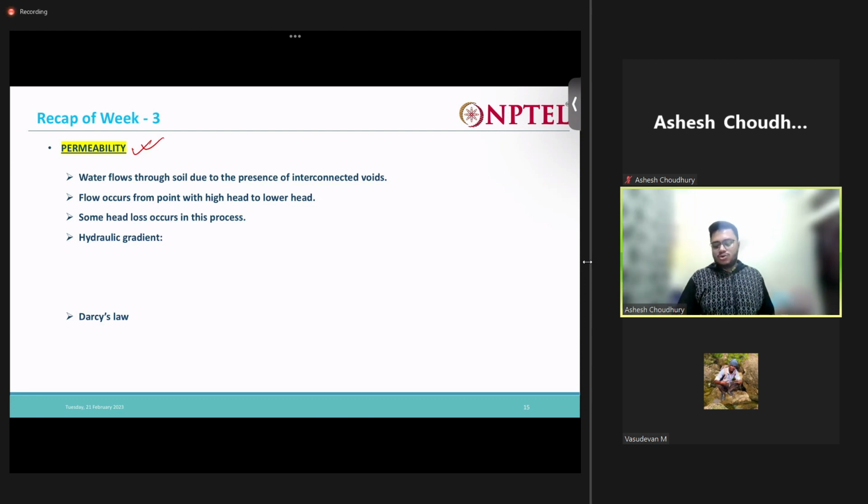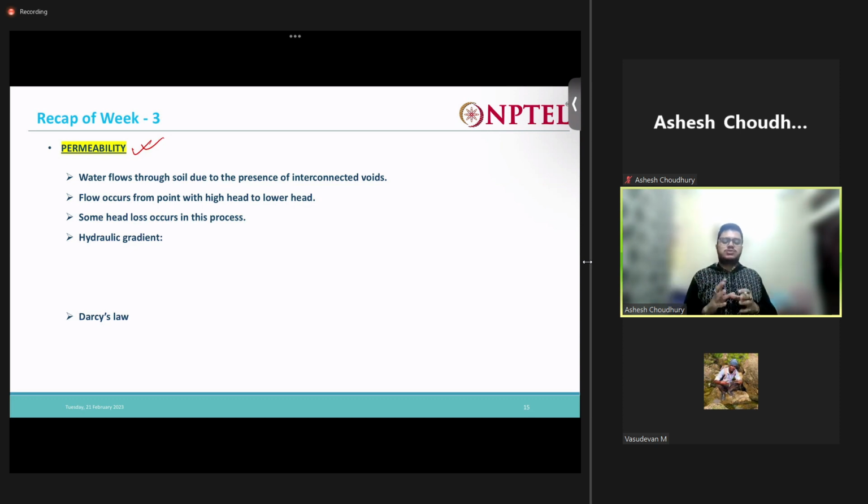So how does water flow in the soil? As you know, in the soil there are the soil grains and there is also some void. Water travels through the voids.